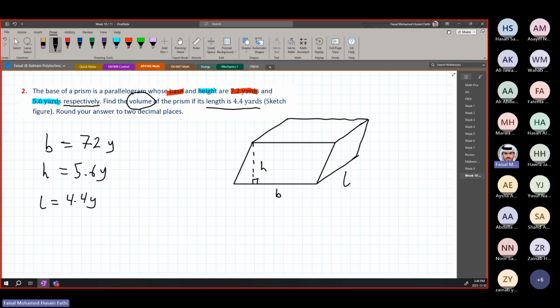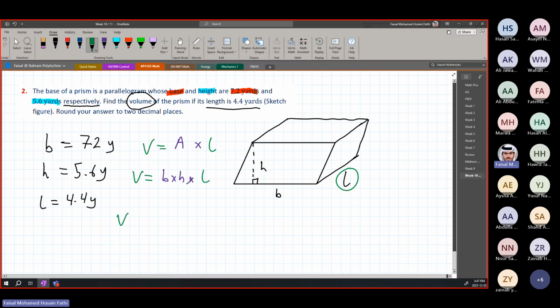What is volume? Volume for any prism shape is the area times the new extended length or dimension, in this case the length. What is the area of a parallelogram? It's base times height, times the length, L.